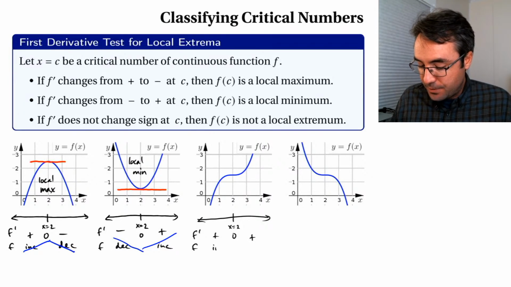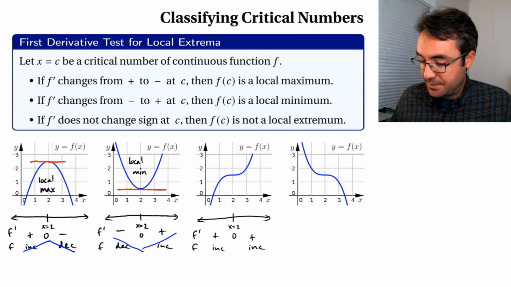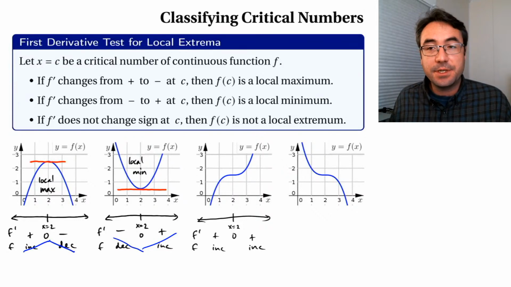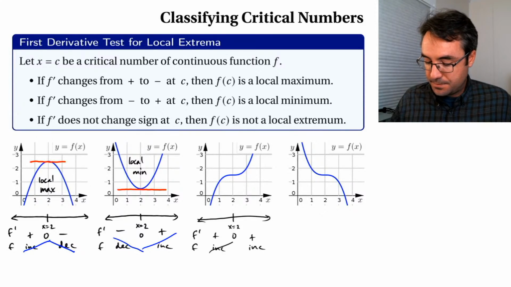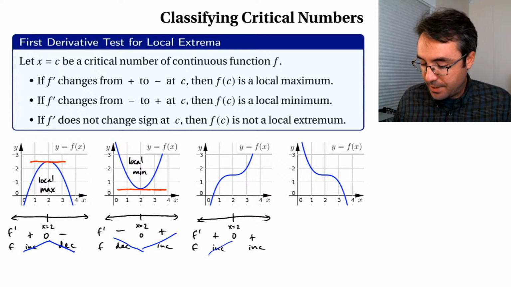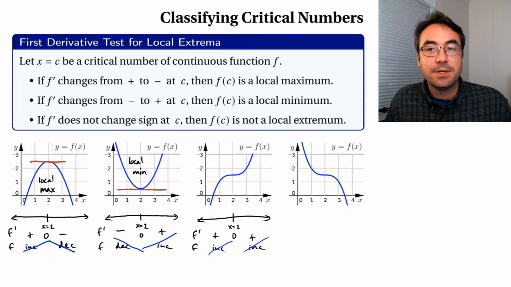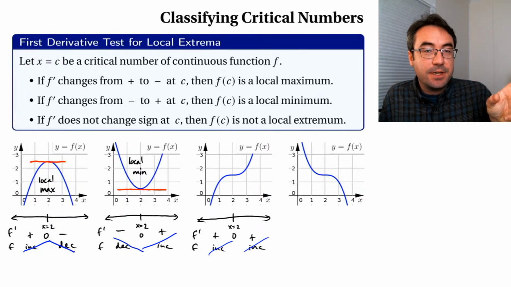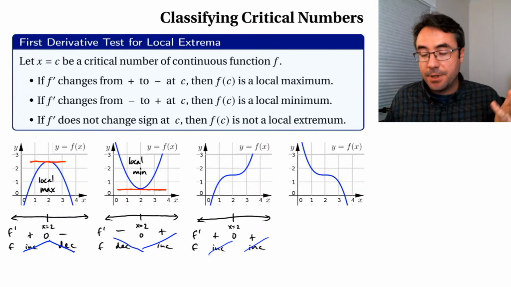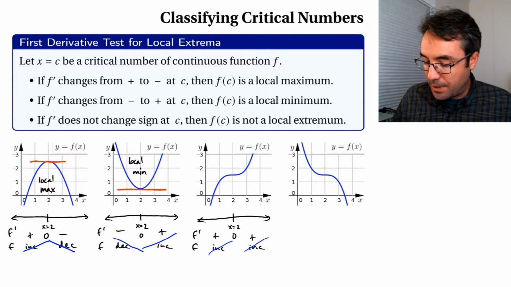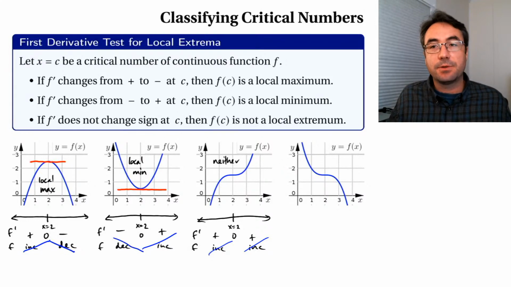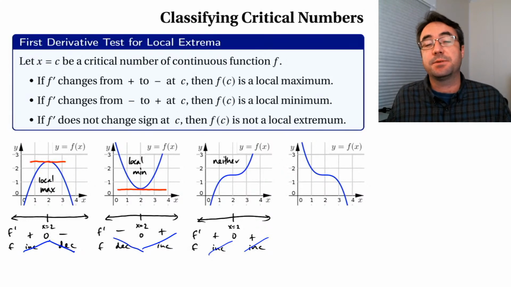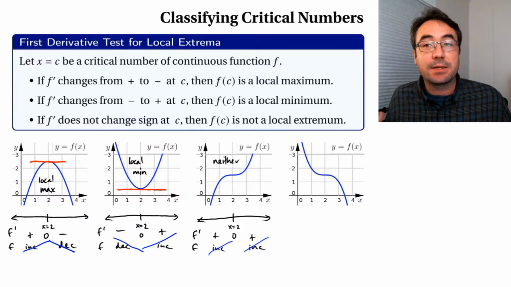So f would be increasing and increasing. If we draw in our increasing trend lines, our graph is going up and then it's going up. So we don't have a change in sign at x equals 2. This is an example of what our graph might look like. It's neither. It's not a local max or a local min. It's still a critical number at x equals 2. It just happens to not be a max or a min.